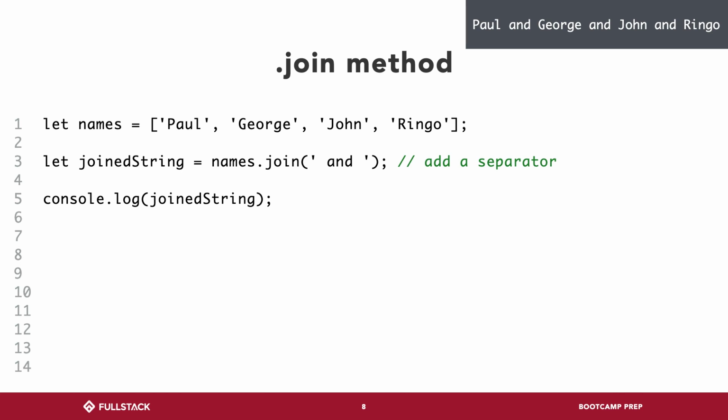In between, not at the beginning and the end, just in between all of the elements. So you get Paul and George and John and Ringo. This makes sense, right? Likewise, if I put an empty string here, they would just all be shoved together with no commas. Okay?